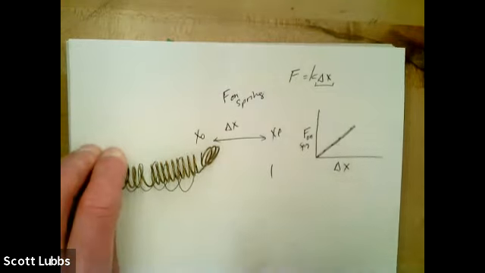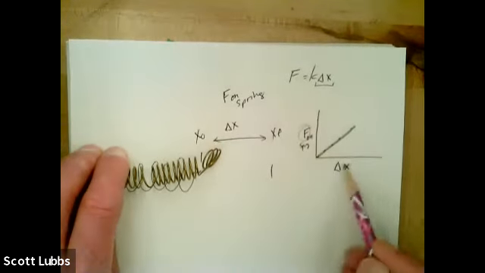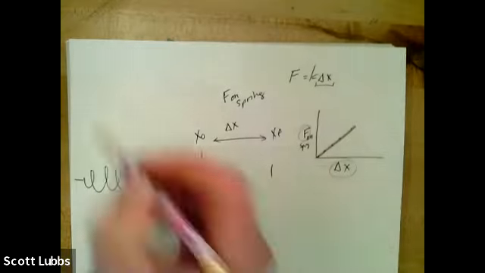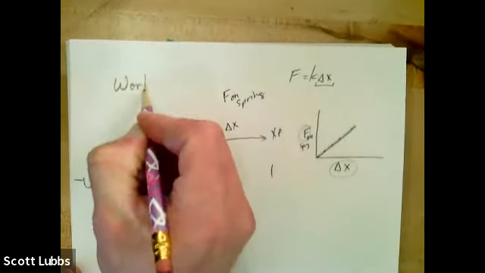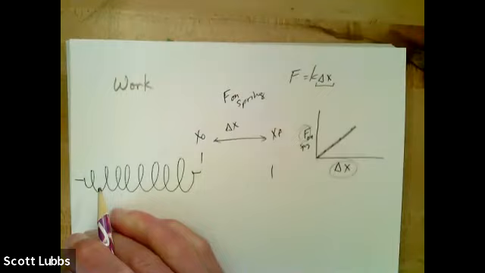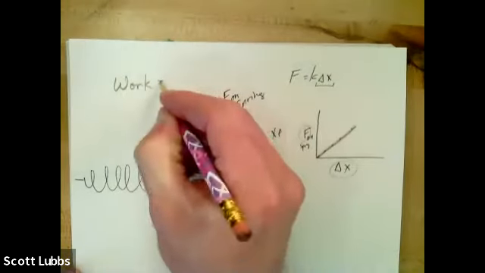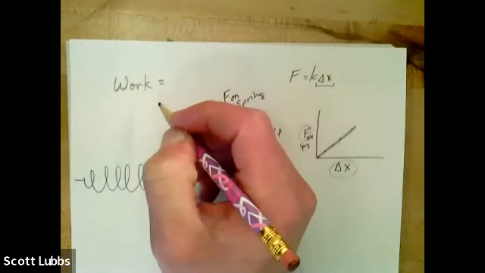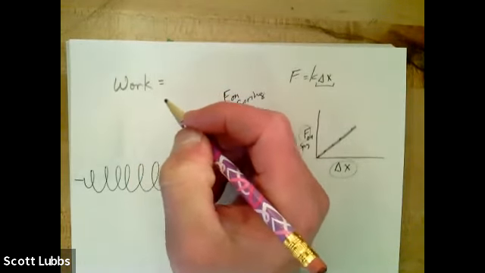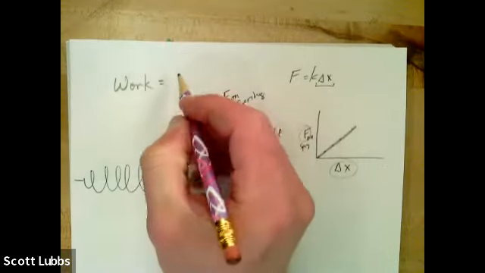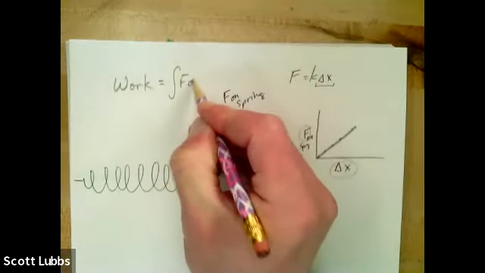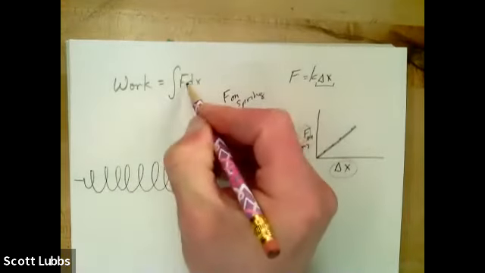What is this? Well, look, I have a force and a delta X. That sounds a whole lot like work. From a calculus perspective, we know that the work is the integral of F dot dx.